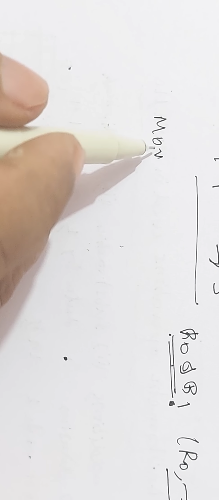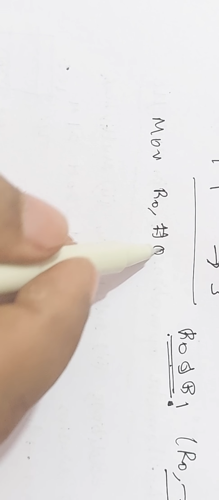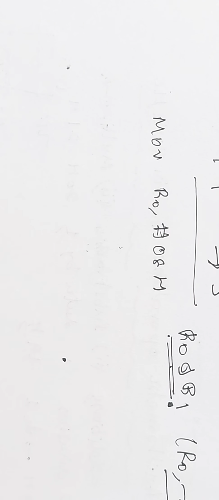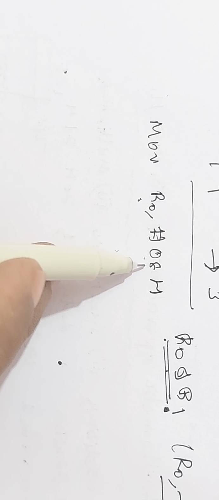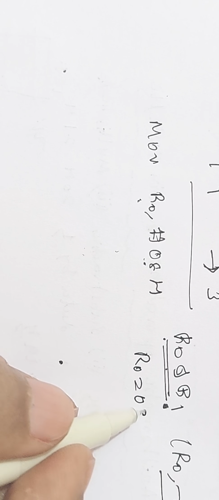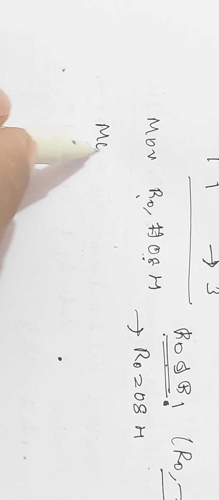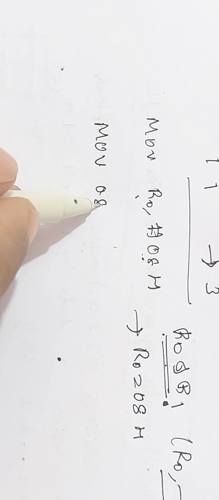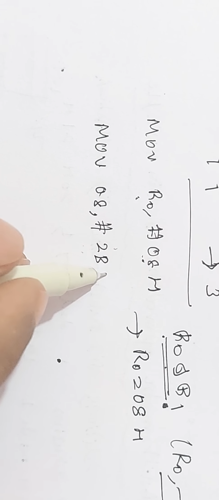Now I will write MOV R0, #08H. What does it mean? The register R0 is loaded with 8. Therefore, now R0 is equal to 08H. Now I will write MOV @R0, #2BH.